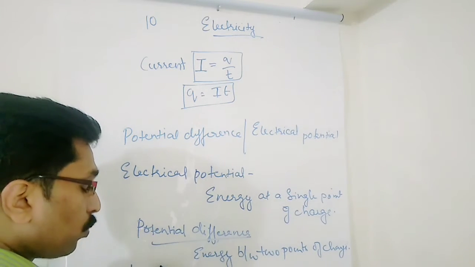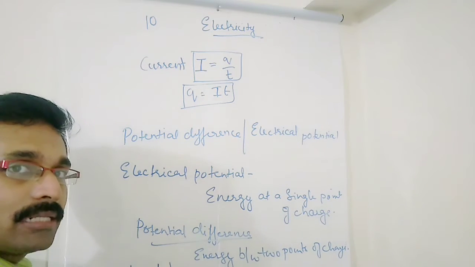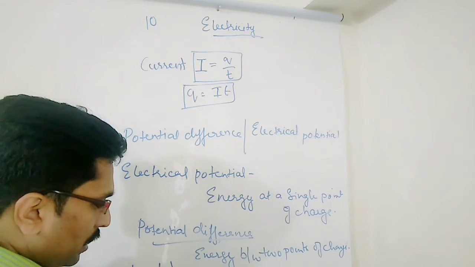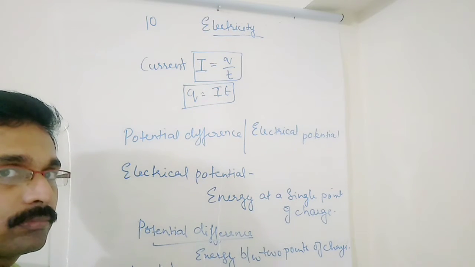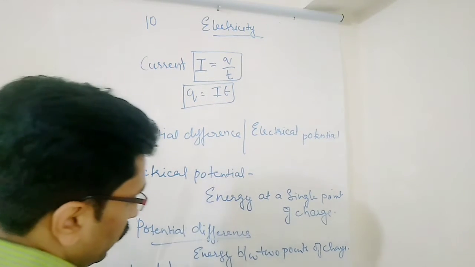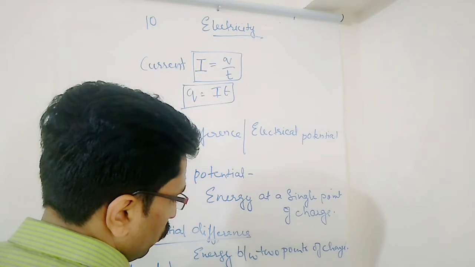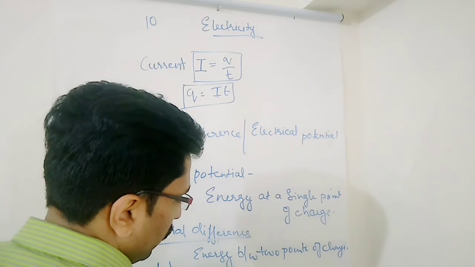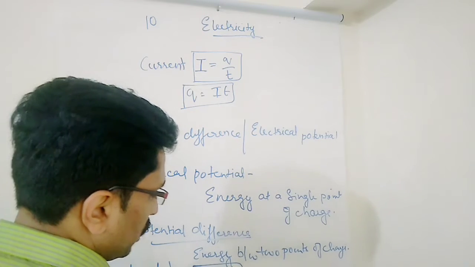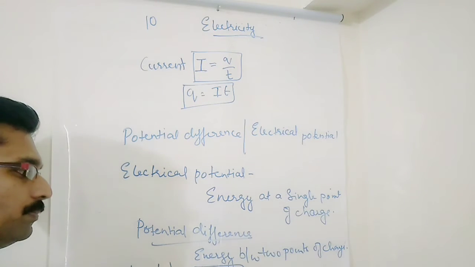When we talk about work done, we denote it by W, and charge is denoted by Q. So potential difference is denoted by V, always remember, is equal to W by Q. This is the equation for potential difference: V is equal to W by Q.